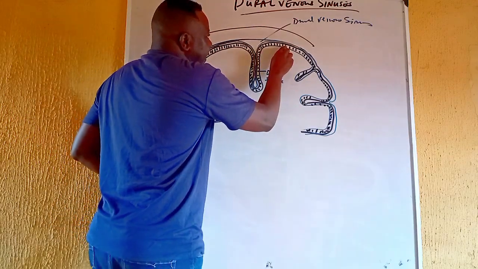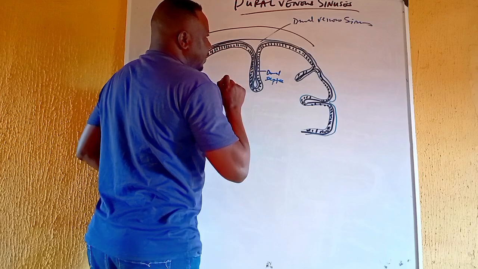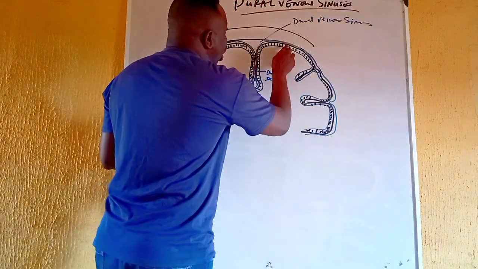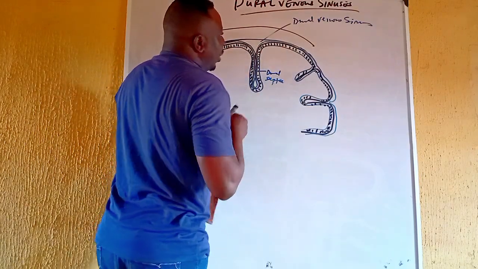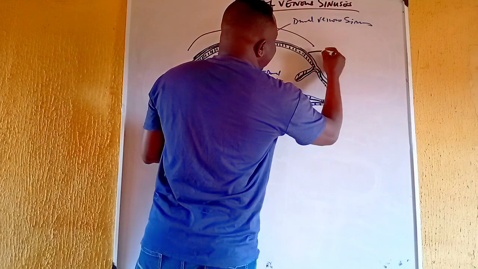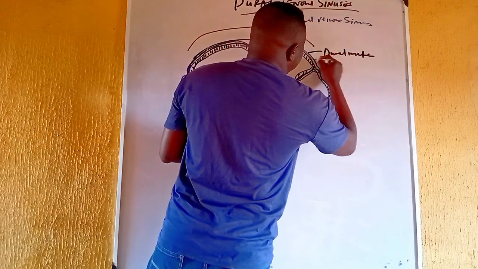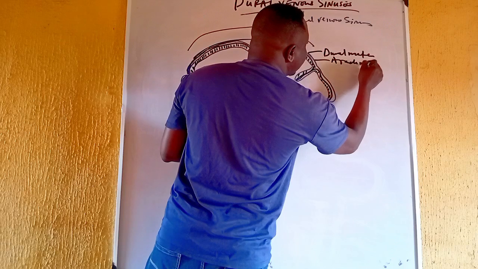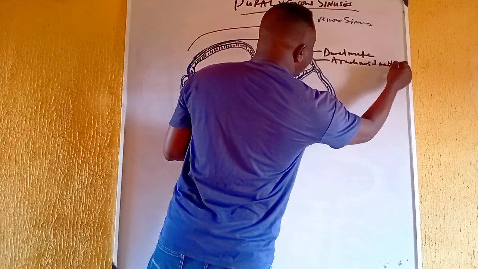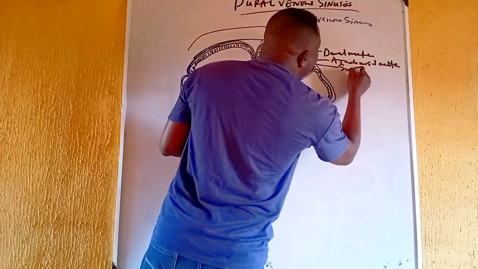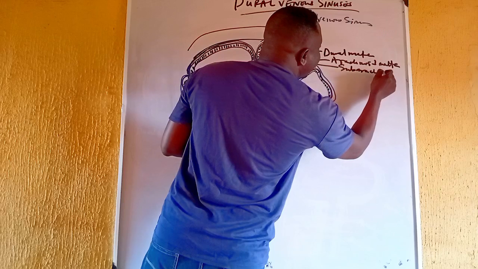Now there is a space below the arachnoid mater. That space is called the subarachnoid space. So this is our dura mater. This is arachnoid mater. This is the subarachnoid space.